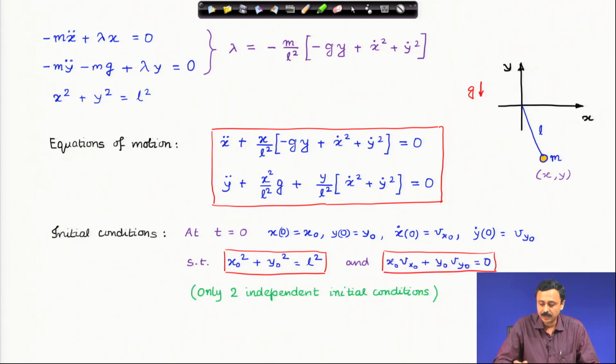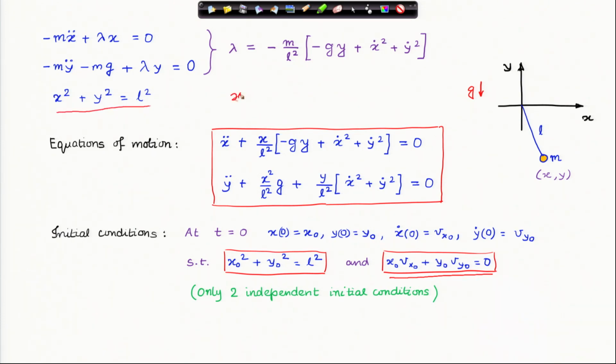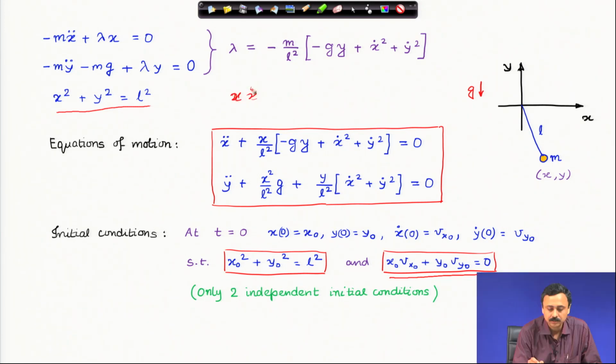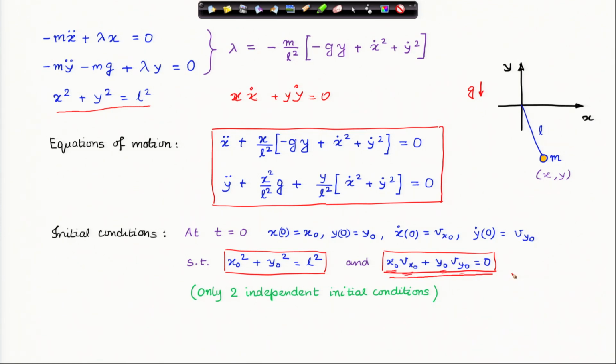Similarly, for the velocity, I have derived the velocity expression, and this is straightforward substitution of these initial conditions in the velocity expression. And remember, how did we find the velocity relation? We time differentiated the constraint, and we obtained x x dot plus y y dot equal to 0, and that is what we have: x naught v x naught plus y naught v y naught equal to 0.